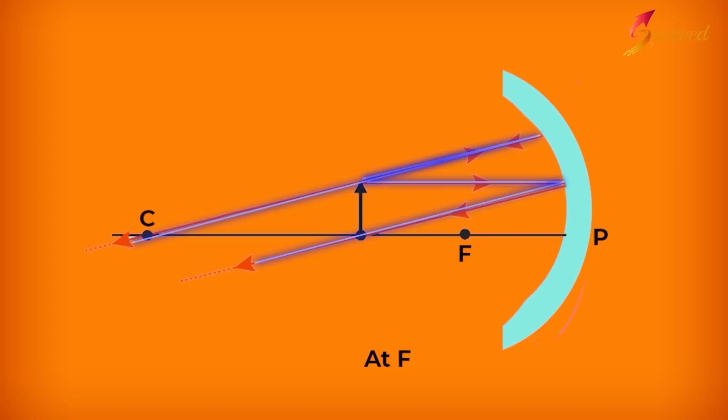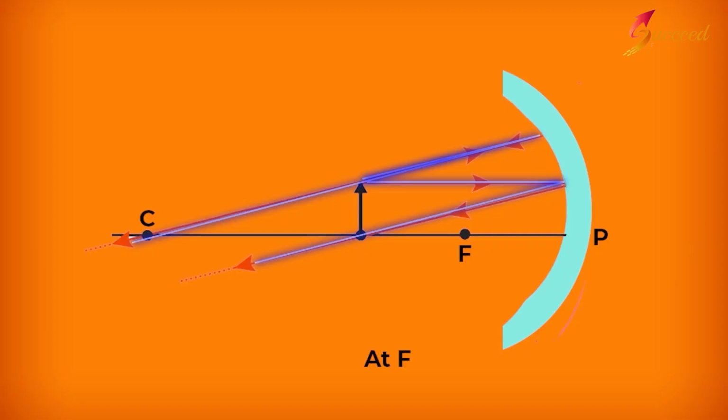When the object is placed between the pole and the focal point, we see that the ray passing through C is reflected back in the same direction, and when it is obliquely incident on the pole, it reflects back with an angle of reflection the same as the angle of incidence.